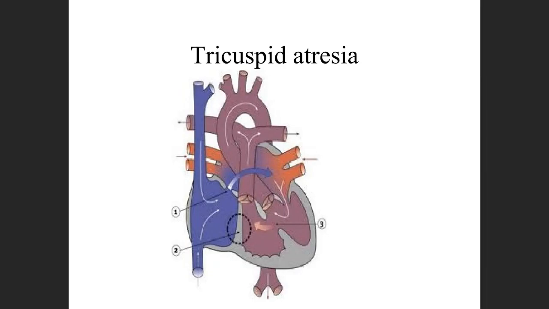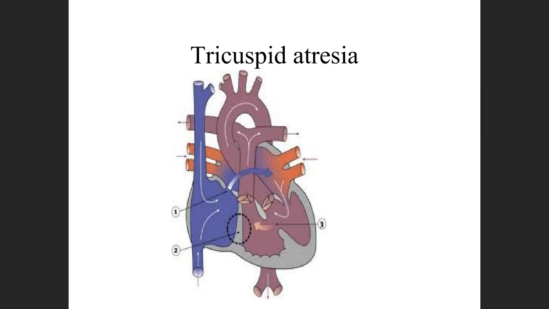In the case of tricuspid atresia, do you see that circle there, which is circling, in fact, the tricuspid valve, and there is no opening between the right atrium and the right ventricle in this diagram.